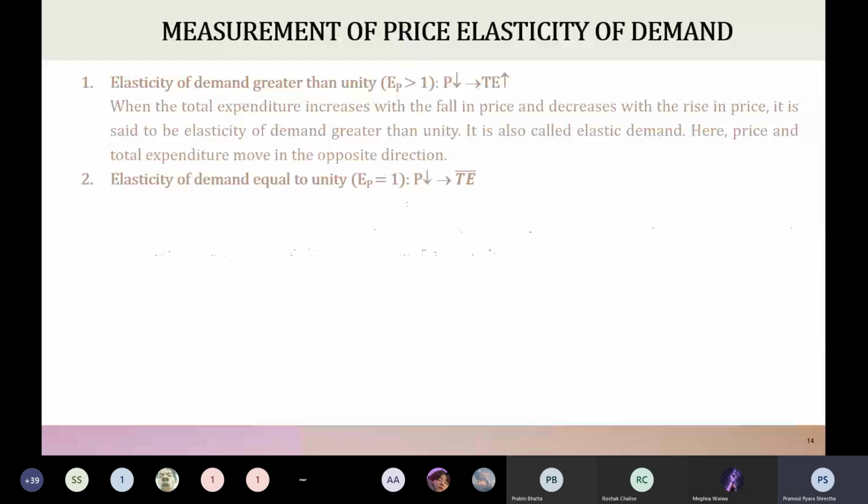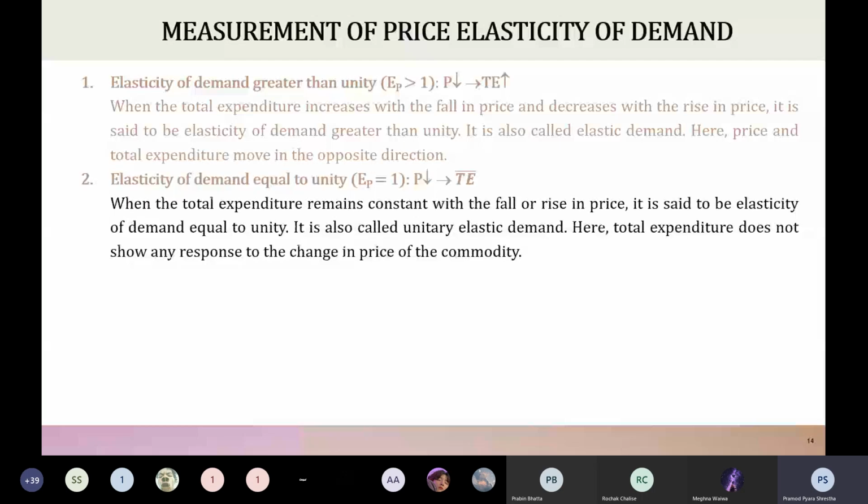So when total expenditure remains constant with the fall or rise in price, it is said to be elasticity of demand equal to unity, also called unitary elastic demand. There is no change in total expenditure with the change in price, so we can say that total expenditure does not show any response to the change in price of the commodity.